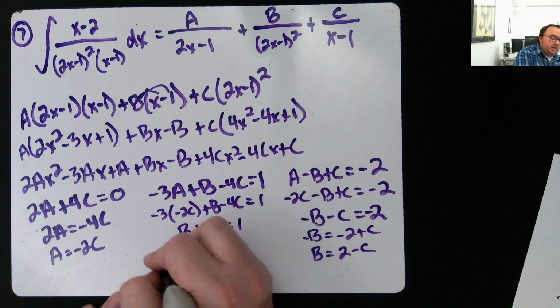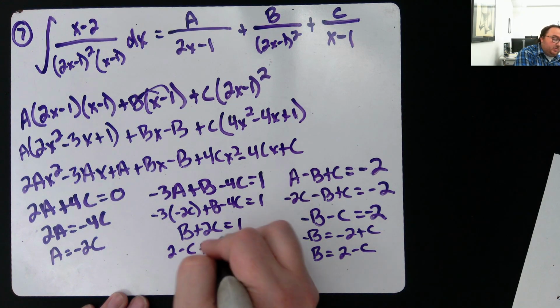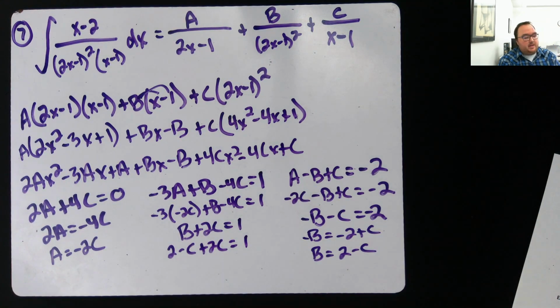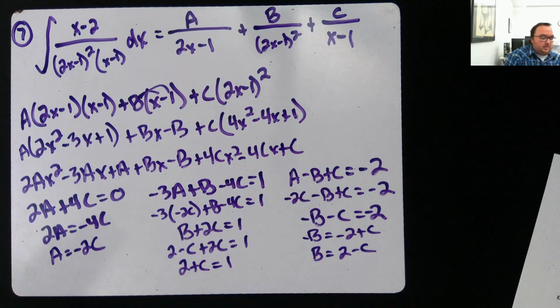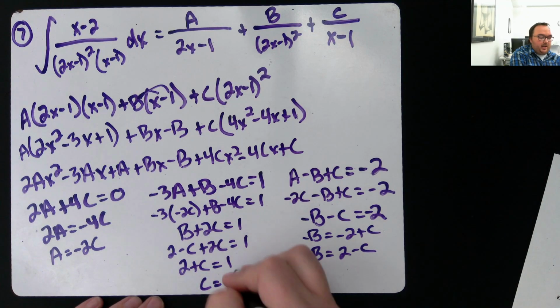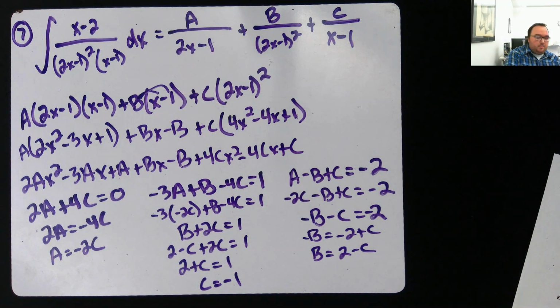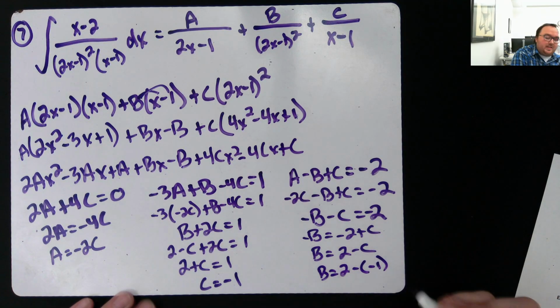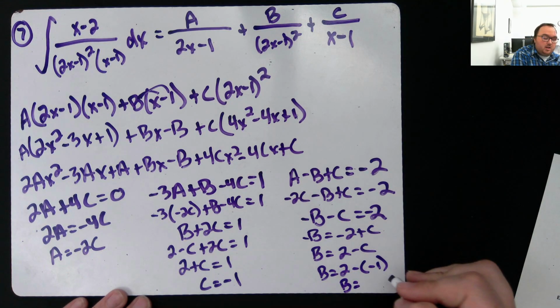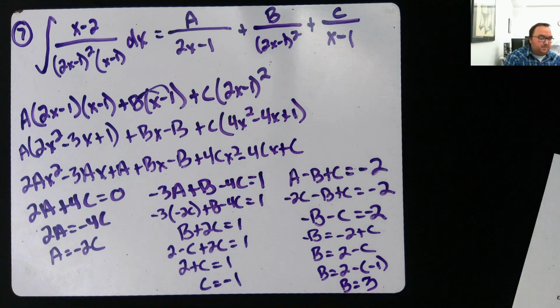Plug that in for b. 2 minus c plus 2c equals 1. Negative c plus 2c is positive 1c. Subtract 2. c is equal to negative 1. Plug that in here. b equals 2 minus negative 1. That's like saying 2 plus 1. So that's going to be 3.